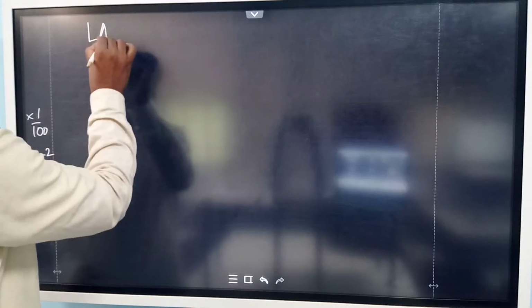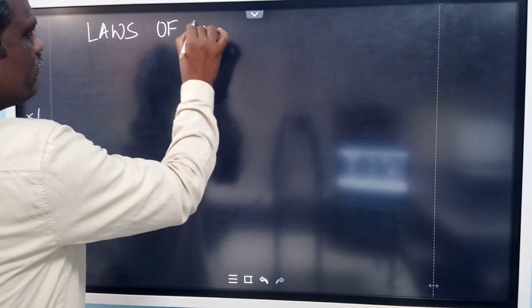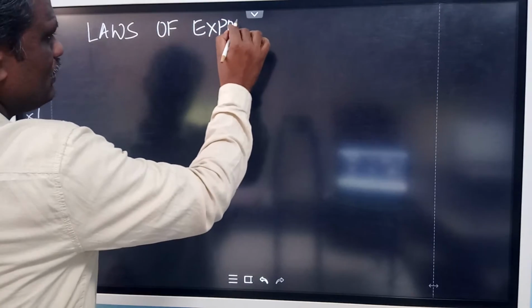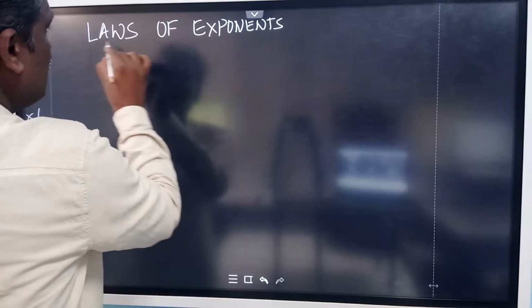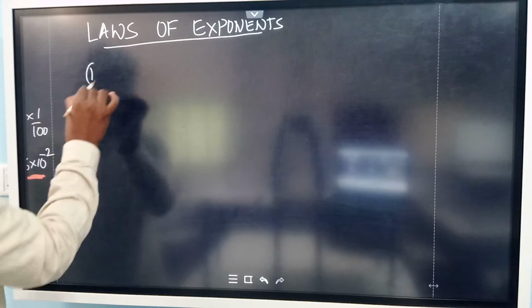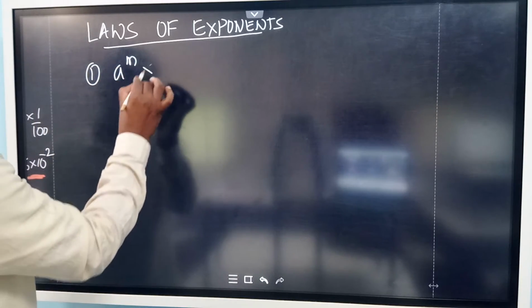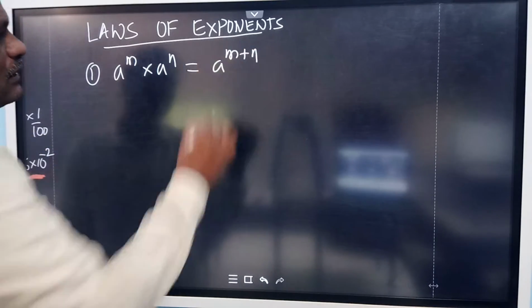Laws of exponents now. As you studied the laws of exponents in the lower classes, that was for only natural numbers. First one, you know that a to the power m into a to the power n means a to the power m plus n.